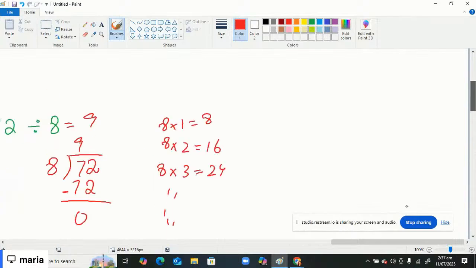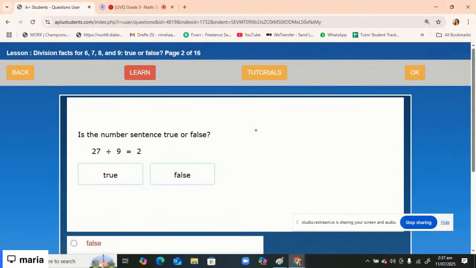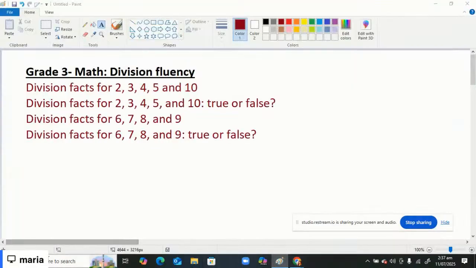So let me just take another page. Just give me a second.